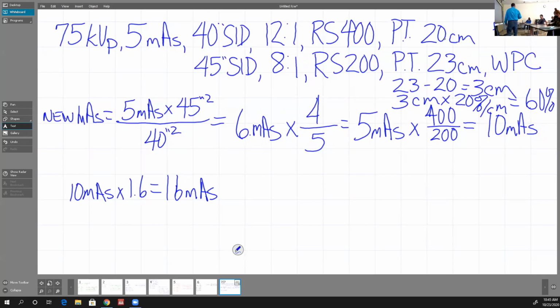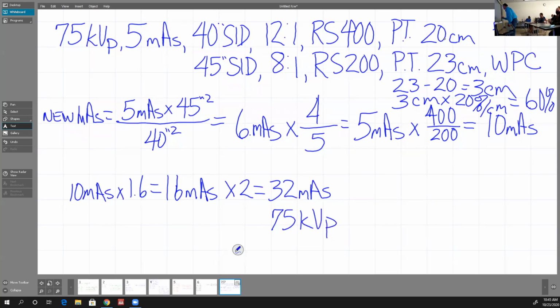We have a wet plaster cast. What do we do with a wet plaster cast? Add 5 kVp to double the mass. Double the mass and add 5 kVp. And we have 75 kVp, plus 5.